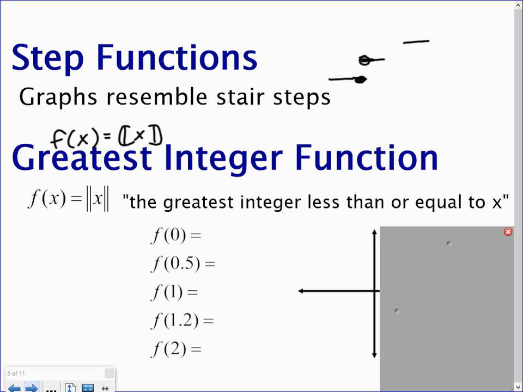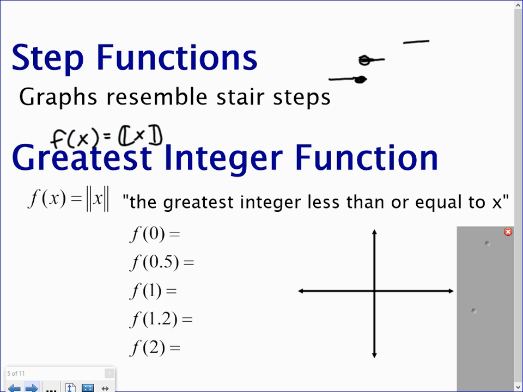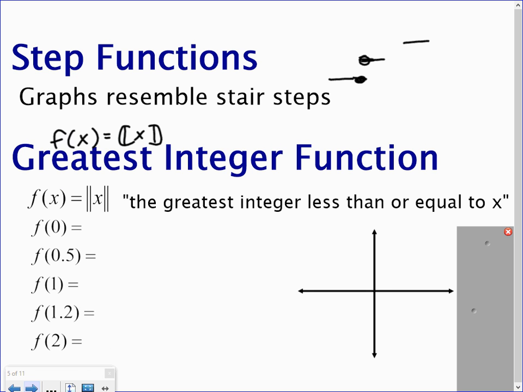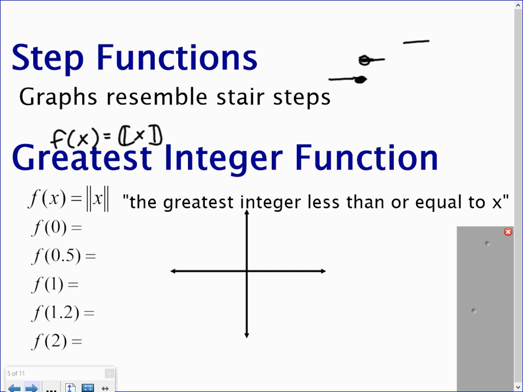So we're going to do some practice with evaluating. I've got some function notation over here. We'll practice evaluating, and then we'll graph. We're going to do f of 0, f of 0.5, f of 1, f of 1.2, and f of 2.